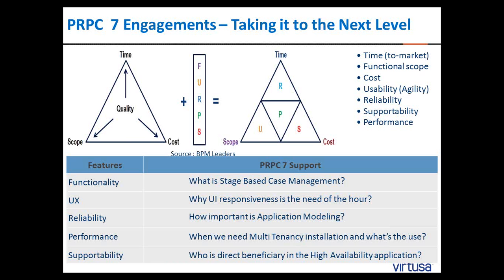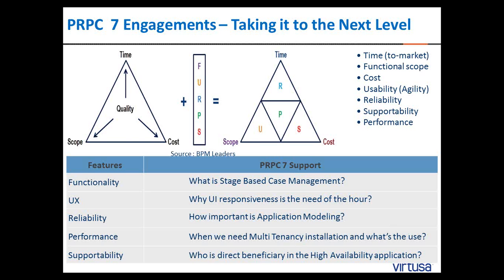The UI responsiveness, in PRPC 7, maintains that whatever be the rendering platform, the application will behave in a similar fashion, seamlessly, without any developer intervention. Similarly, application modeling, the data modeling, process modeling makes the application reliable, and it can meet any kind of throughput without impacting the performance SLA.